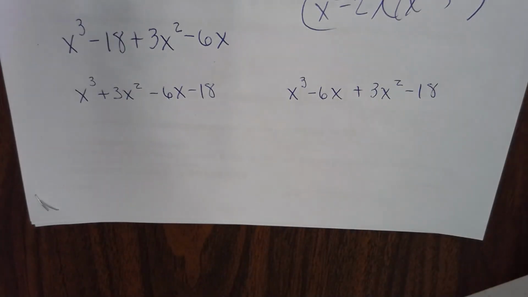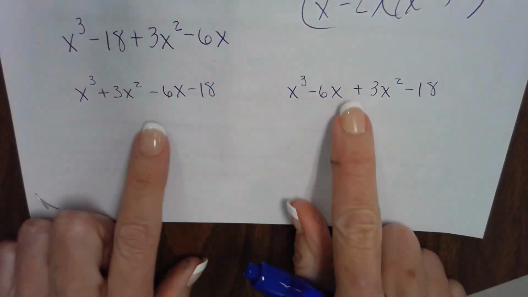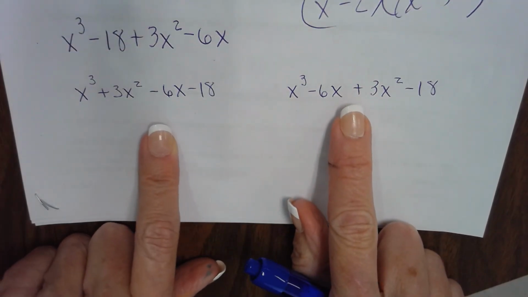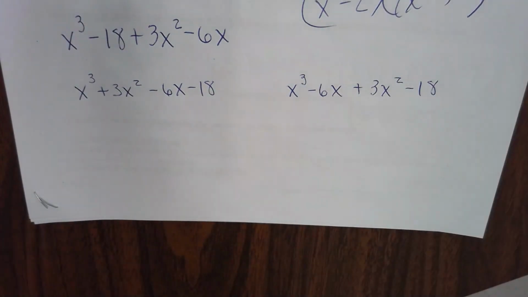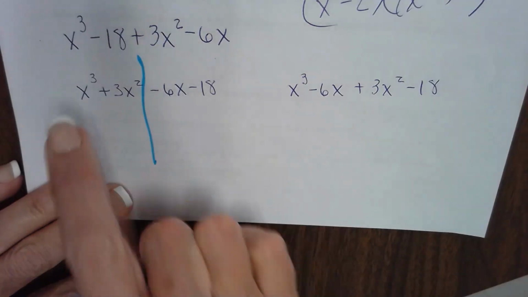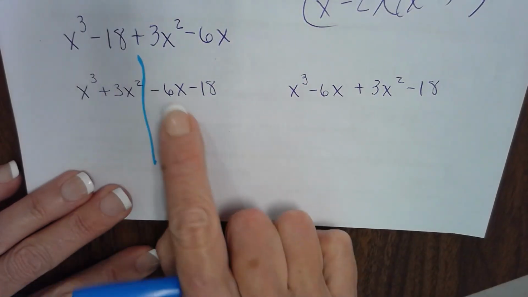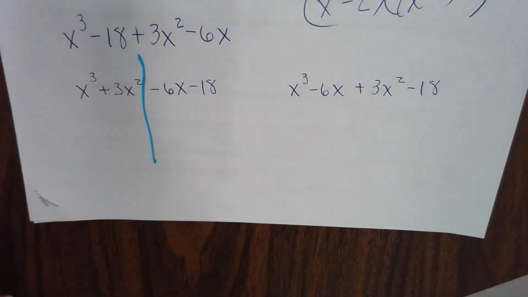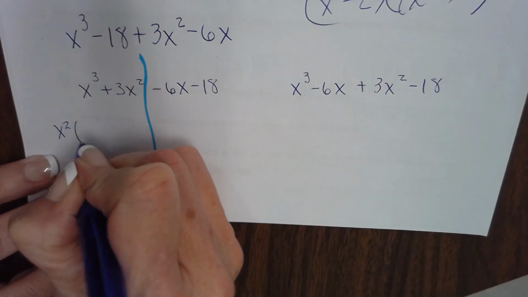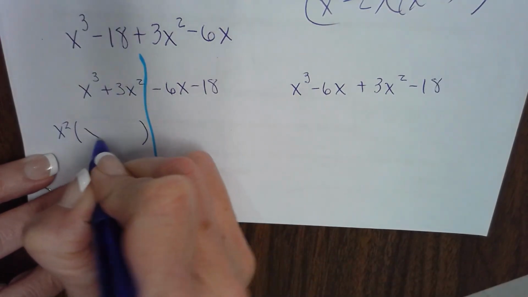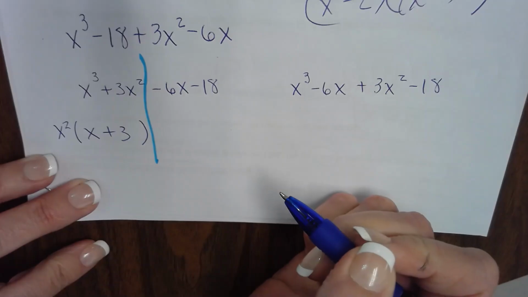Folks, let me get your attention. Okay, y'all, what I've done is I've rearranged these in two different ways. Notice that when I rearranged here, high power, low power. High power, low power. So greatest common factor here is x squared. I set up a parenthesis, and I'll end up with x plus 3.